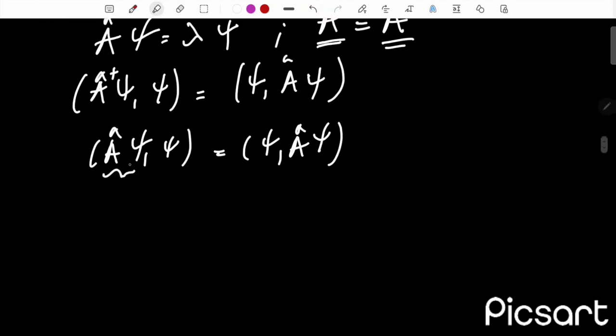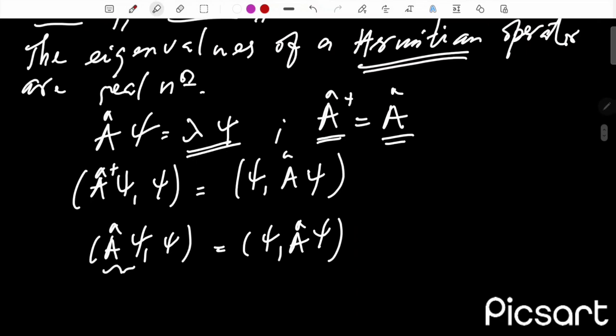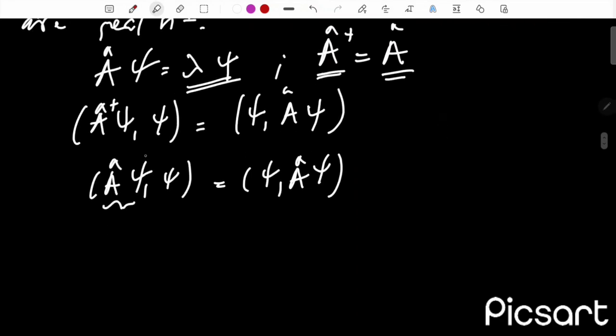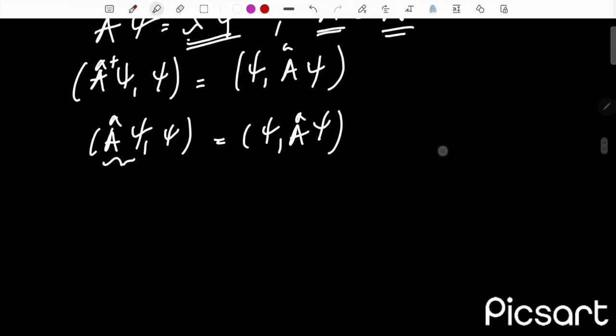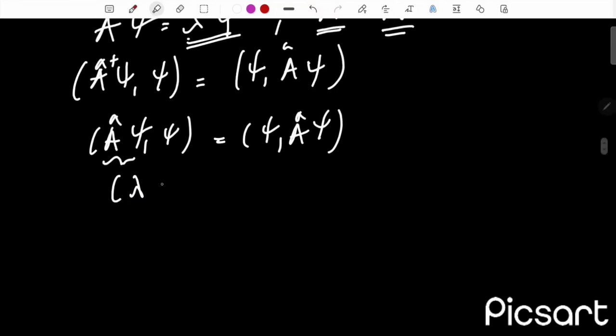And because psi is an eigenfunction of A, we can substitute here lambda times psi, and we have psi, lambda times psi.